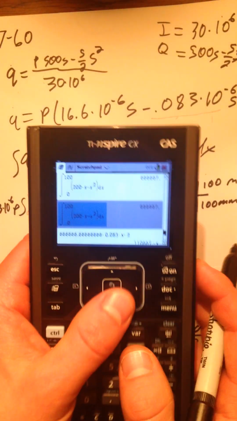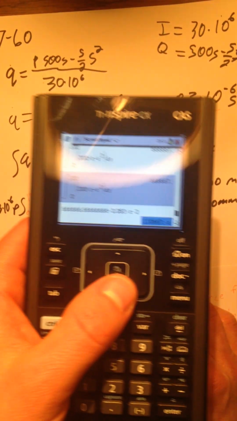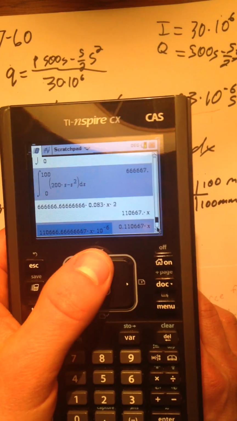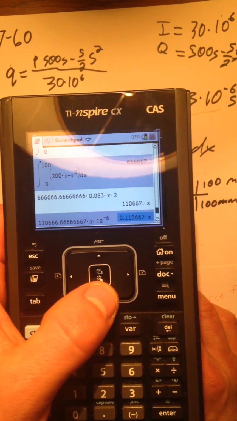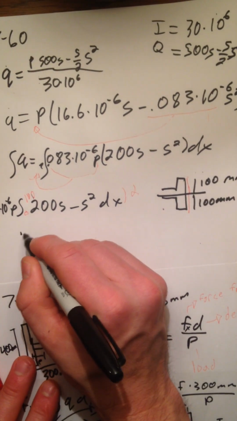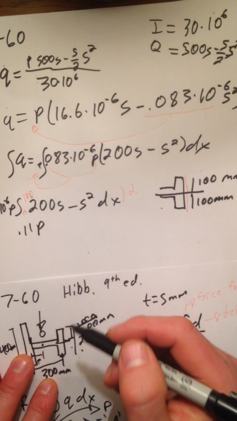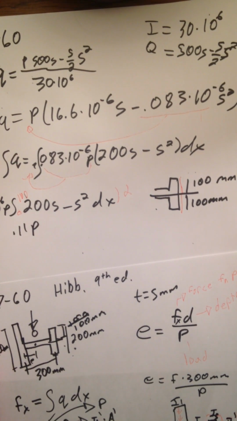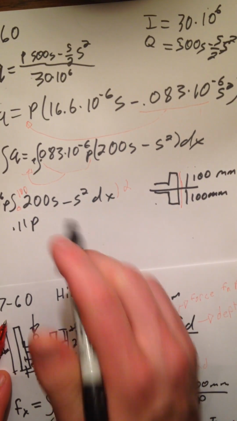So when I plugged that into my graphing calculator, I ended up getting 0.11 P. Great. So we now have that q.